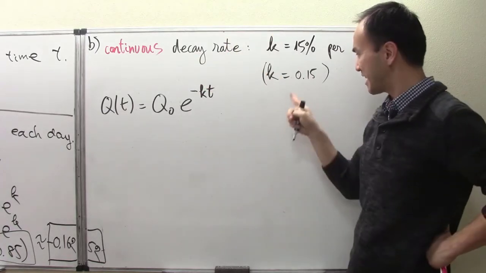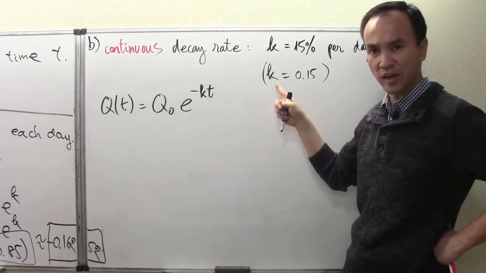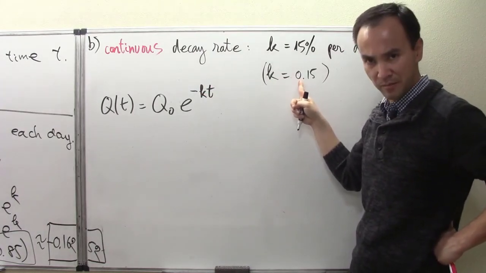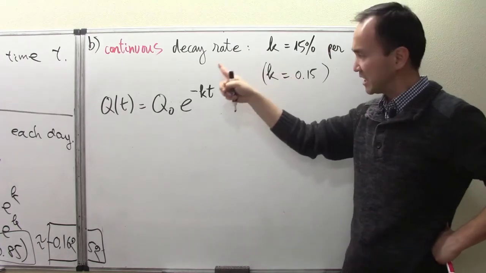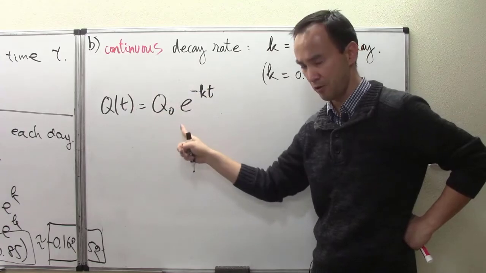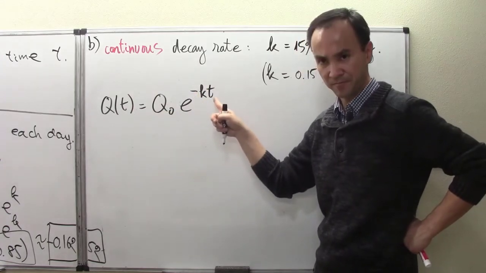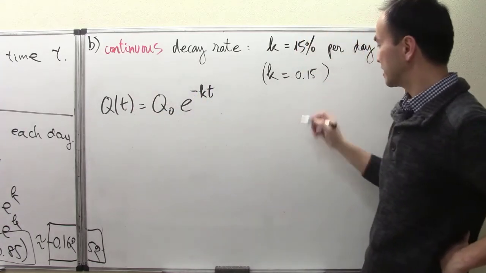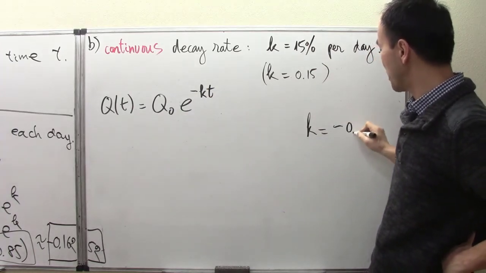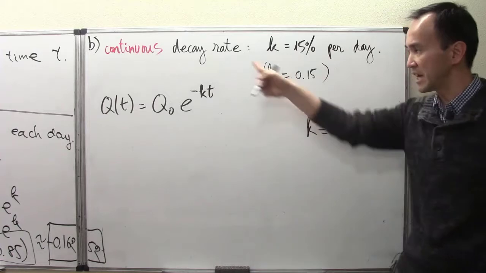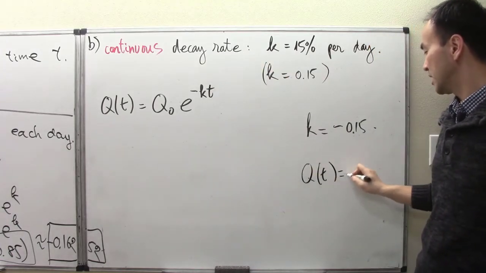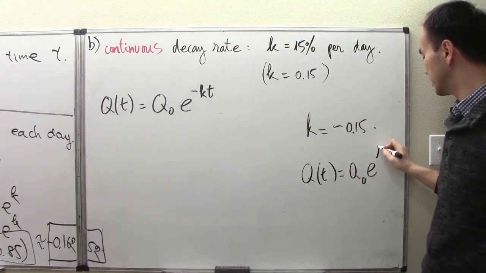So for a decay problem, you can decide to write your k as a positive number for a decay rate. But then in your continuous decay model, you have to write minus kt. And if you write your k as a negative 0.15 because you already knew that it's a decay rate, then you can simply write Q of t equals Q0 times e to the kt.